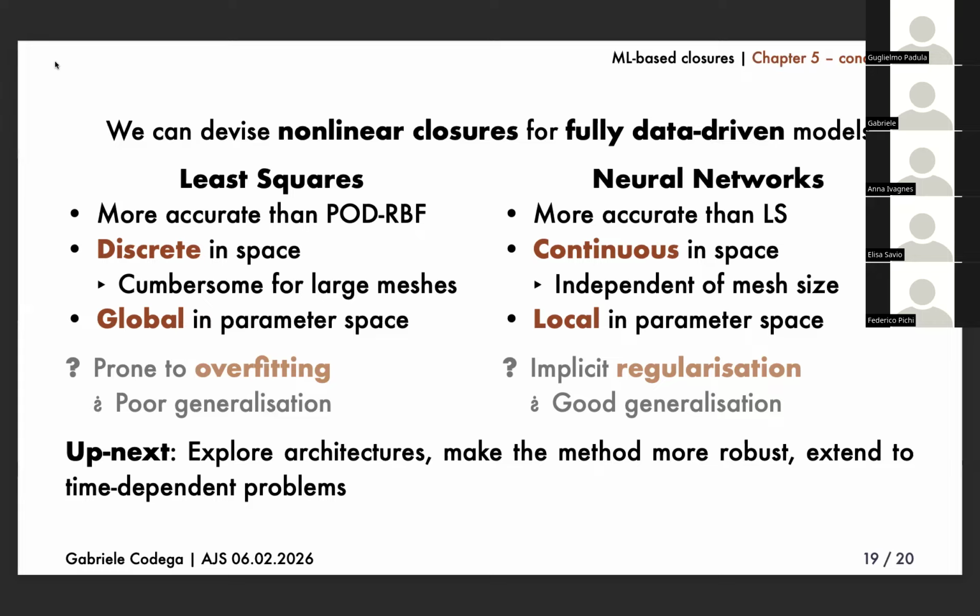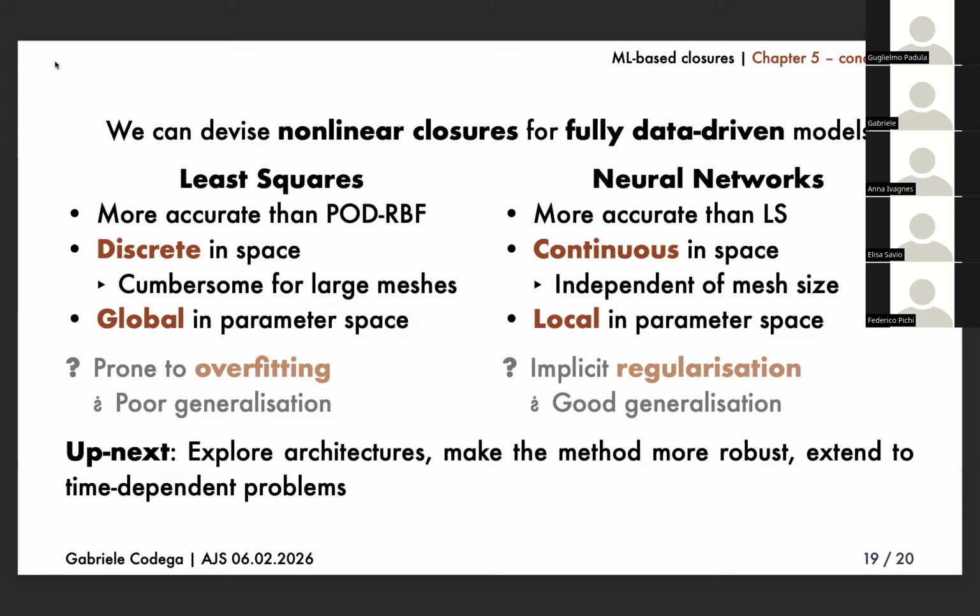And then this is just something that's still to be verified: neural networks are supposedly more regular, they have a larger implicit regularization, which makes them more suitable for extrapolation to new data and whatnot. Whereas with least squares, you have to regularize by hand, which is a bit of an art in itself, right?